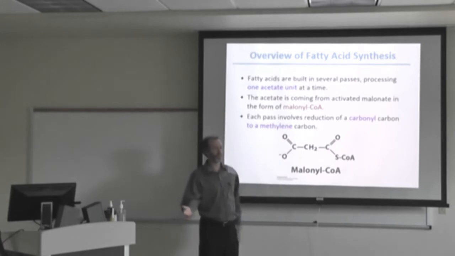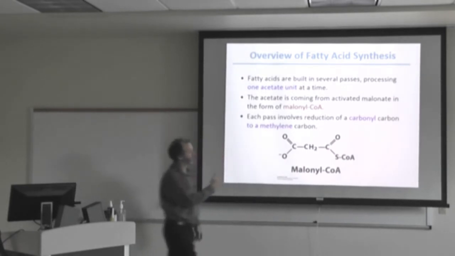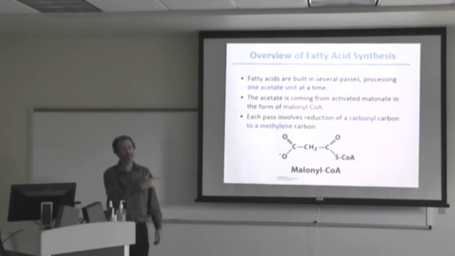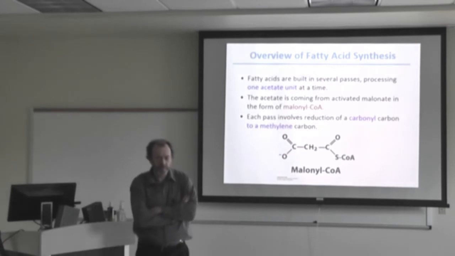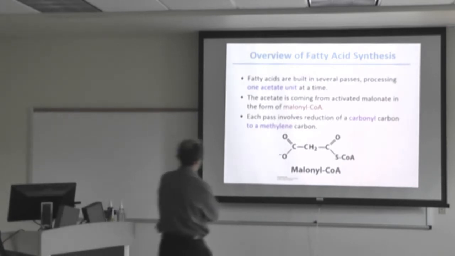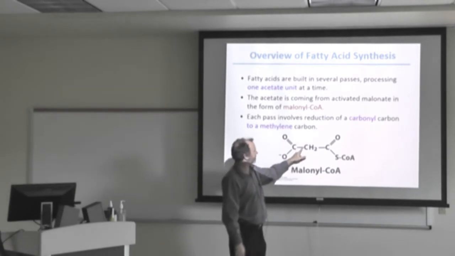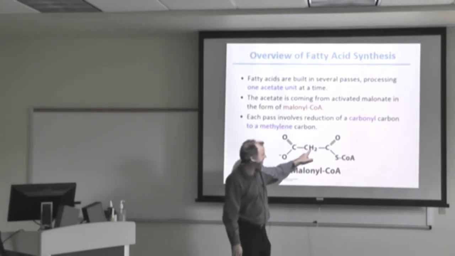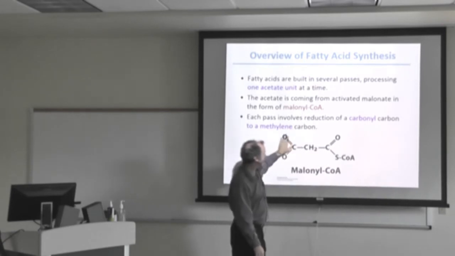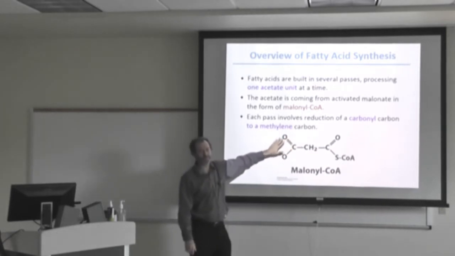So do you guys know the structure of acetyl-CoA versus malonyl-CoA? I mean, acetyl-CoA is not up here, but can you guess what the difference is? Say again? Sort of, like, if you had a hydrogen here, CH3, that would be acetyl-CoA if we didn't have this. So what's the added group to acetate?